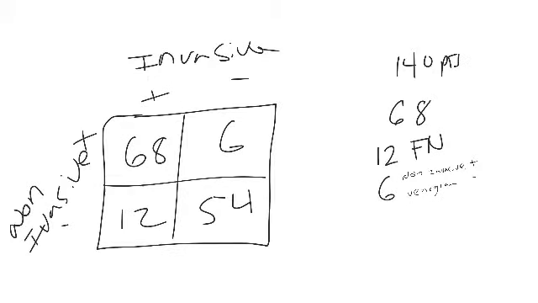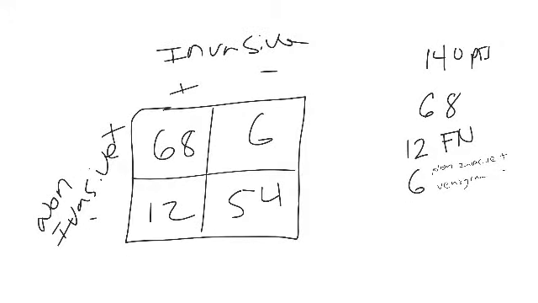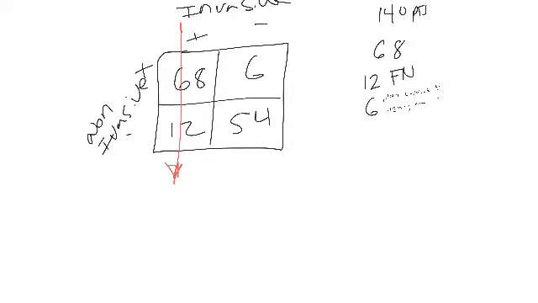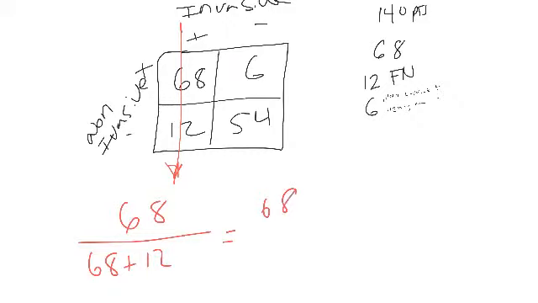Okay, let's find the sensitivity. Sensitivity is this column here. In this column, it's true over everything, so it's going to be 68 over everything in the column, which is 68 plus 12, so 68 over somewhere around 80.